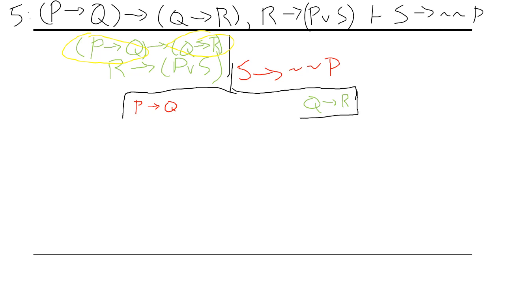I'm just going to do this one first because I know I'm going to need to branch it. So it's another arrow. So we know left side false, right side true. Over here, what makes an arrow false is if the left side is true and the right side is false.